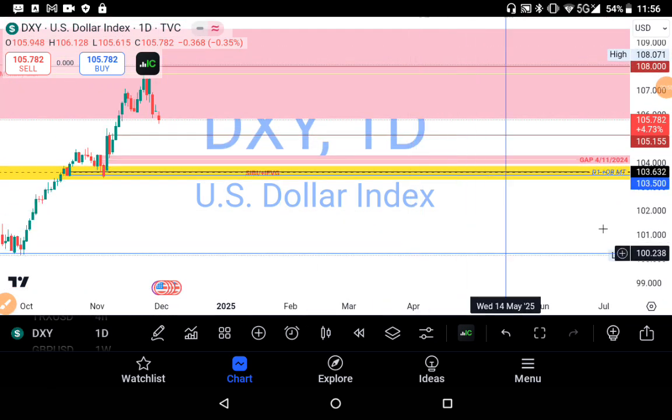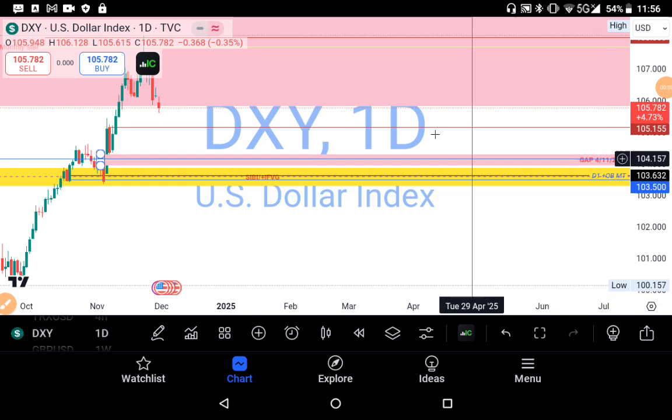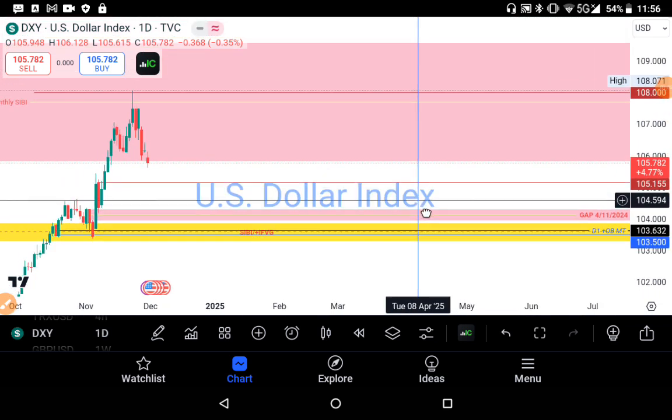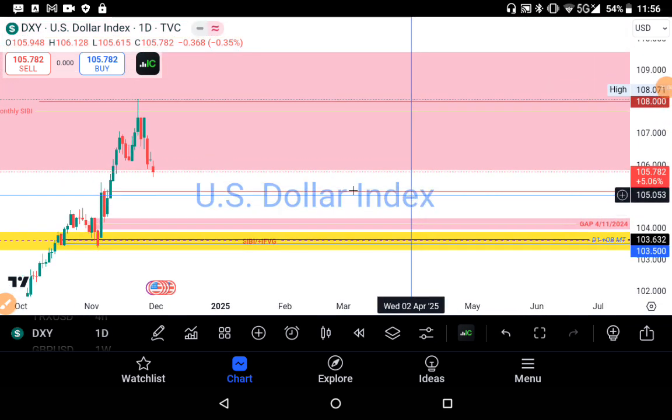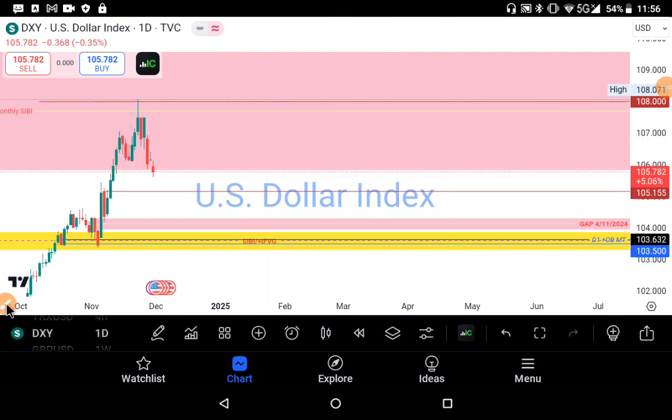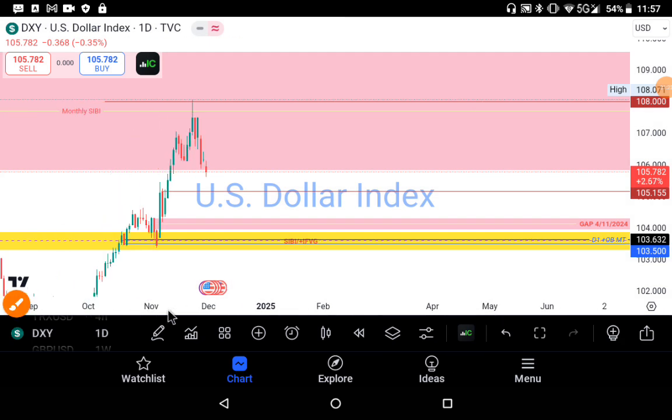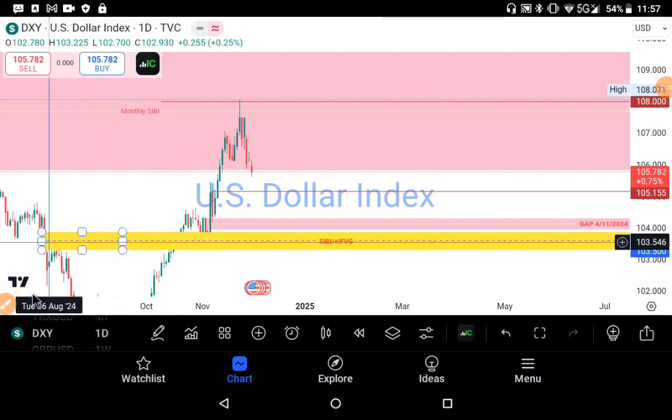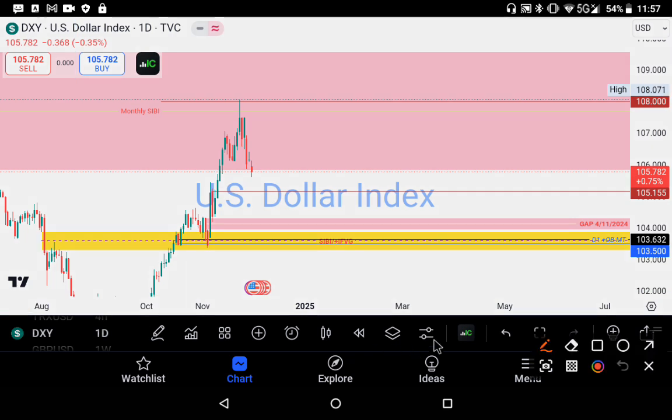Last week I was expecting dollar index to trade to the side. 108,000 was the interest, so I was waiting to see a reaction around this yellow line, which happens to be the midpoint of my monthly sell side imbalance, buy side inefficiency.